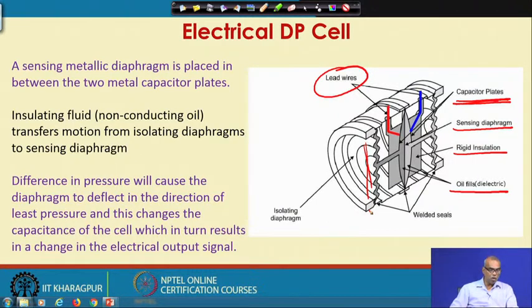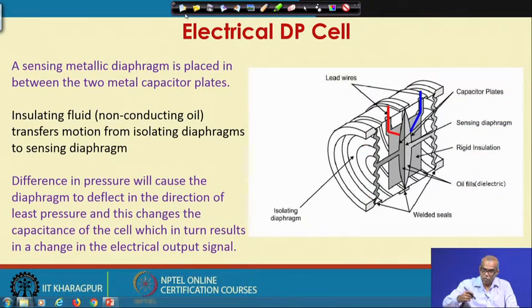Difference in pressure will cause the diaphragm to deflect in the direction of least pressure, and this changes the capacitance of the cell, which in turn results in a change in the electrical output signal. So, again it is basically causing the distance d to be different.